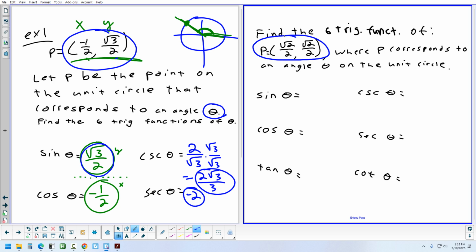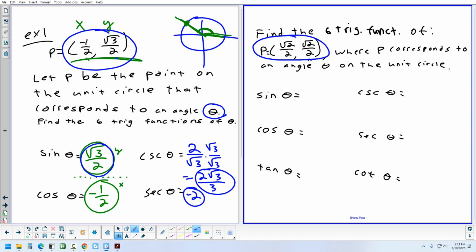It is the coordinate for something else that we don't know. But that's not important. We don't care what angle this represents. I care about where it is. And that's where it is. That's where it would hit the edge of the circle.